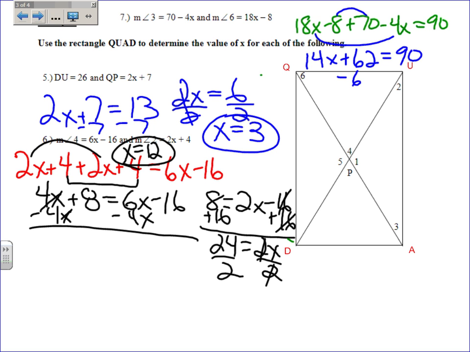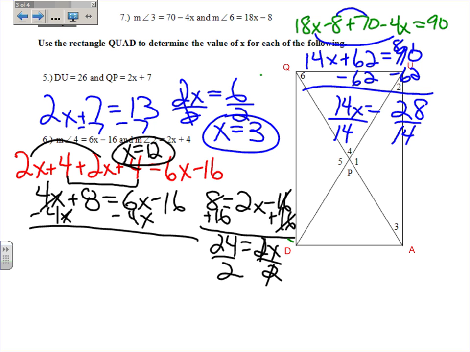So subtract 62. Oh, you have to borrow. 28. X equals. Ooh.